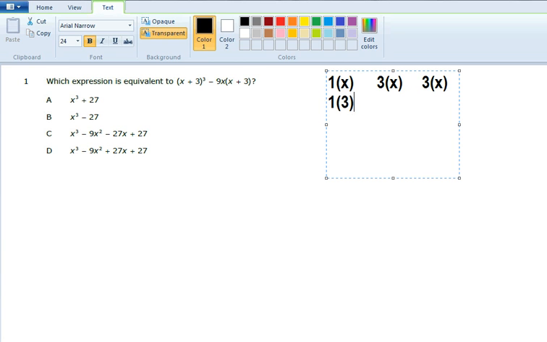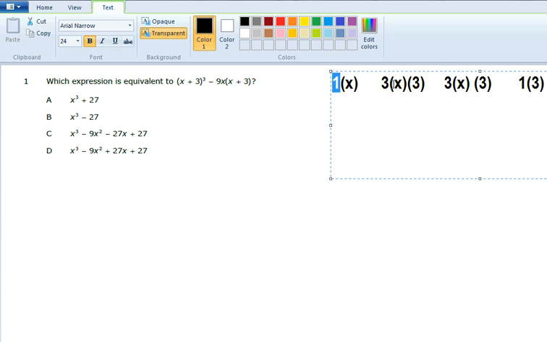So I'm going to put 3 here, and a 3 here, and a 3 here. So what I did is I had my row, which was 1, 3, 3, 1. And I have a cube, so I put in x, x, x, and then starting on the opposite side, on the right, I put 3, 3, 3.